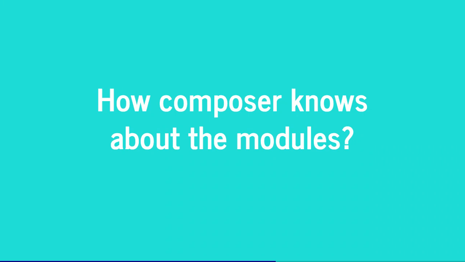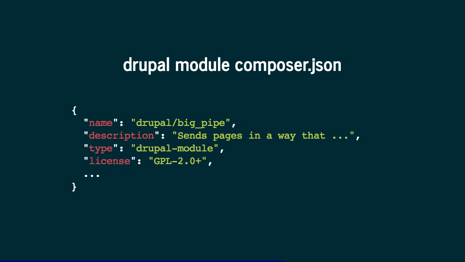And how does Composer know about it? Remember, we are using the Drupal Composer project. This project contains a composer.json file, right? But each Drupal module as well should contain its own composer.json file. So each Drupal module that you write in Drupal 8 should contain its own composer.json file. This is what we see in here. Within this file, we have some configurations and metadata to set, like the name and the description.